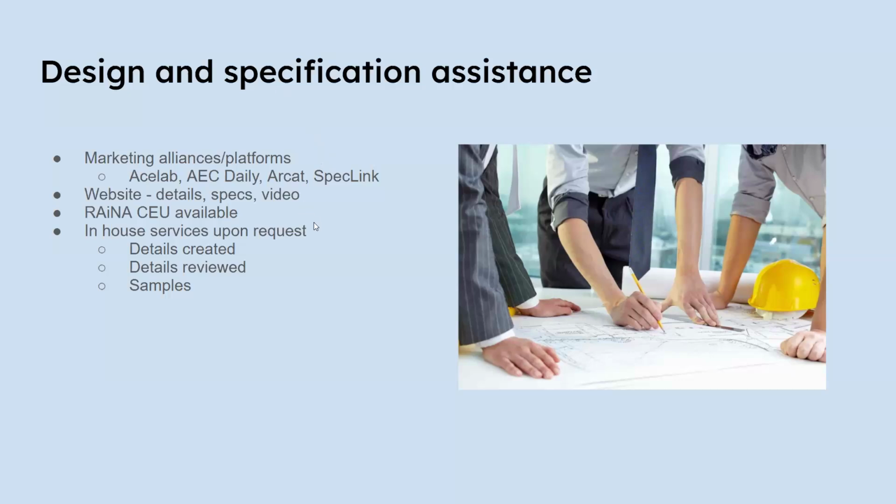And we have in-house services on request. Call us on our 800 number. We'll be happy to help you create a detail, perhaps review a detail you've created, and just want to make sure that we as a manufacturer involved in the wall cavity design think it works. And we have samples whenever they're needed or desired, anywhere in the country.